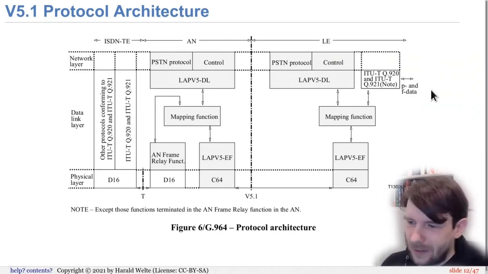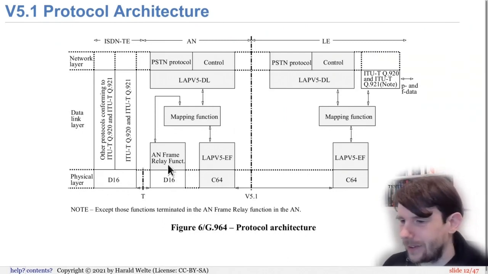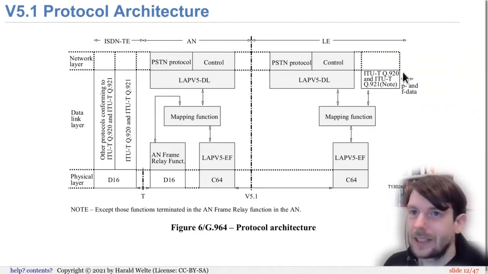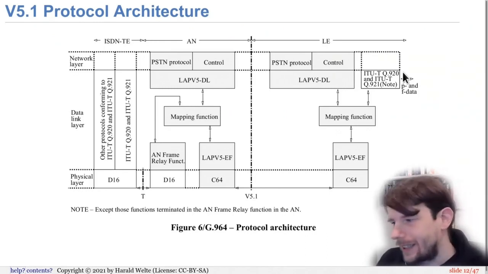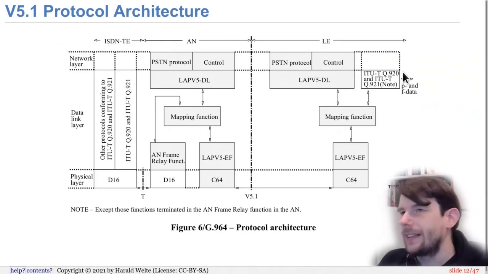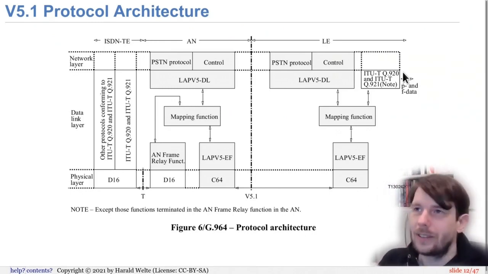So basically the same 64 kilobit signaling slot that is used for the control and the PSTN protocol is also used to encapsulate the 16 kilobit D channel from the subscribers. They get mapped and enveloped and transported over the same signaling slot, and then they get basically demultiplexed here into layer 2 entities in the local exchange. So it's, I think, a rather nice architecture where the access network doesn't have to have any understanding about the protocols that you communicate.